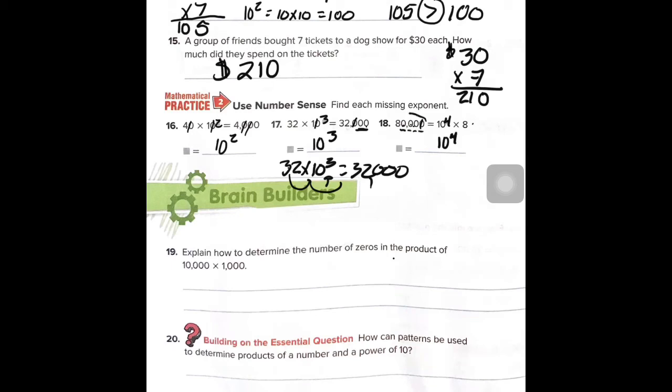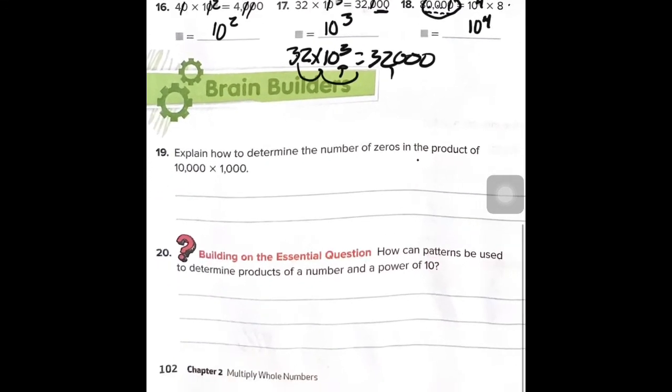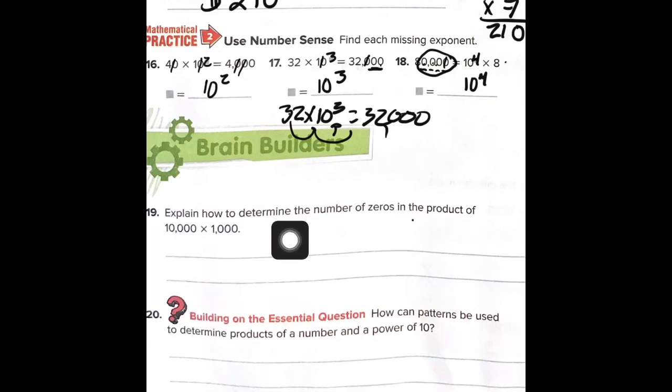All right, brain builders. Explain how to determine the number of zeros in a product. Whoops. That's where I need to pull out my eraser and erase it. Thank you very much. Explain how to determine the number of zeros in a product of 10,000 times 1,000. Okay, that's a lot of extra zeros that we're going to add there.